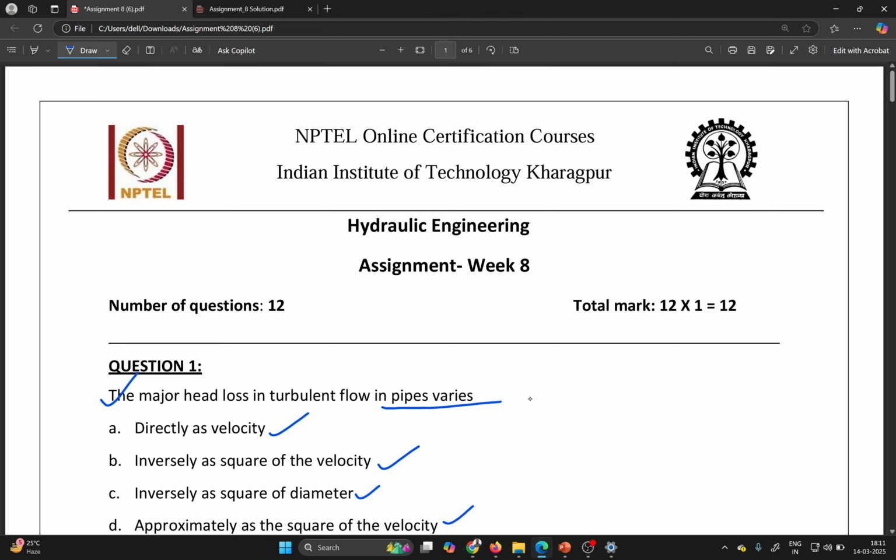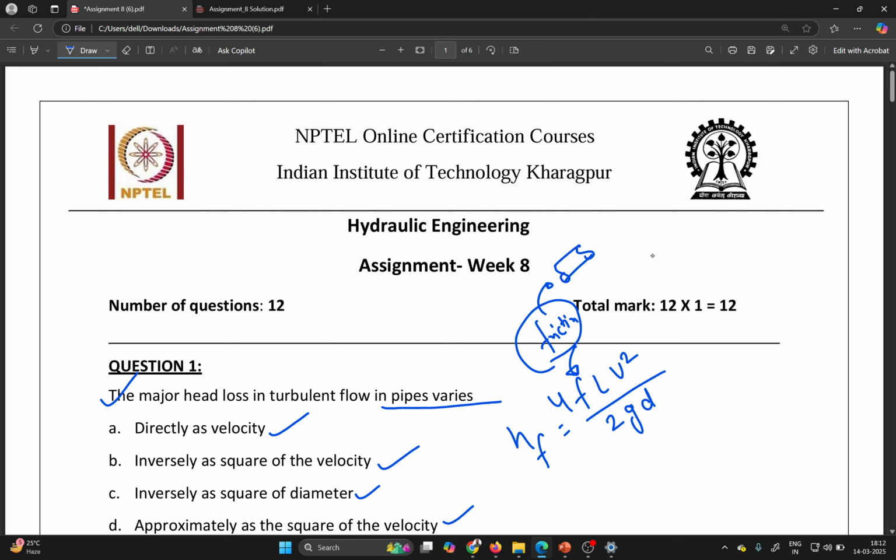Here the head loss formula is f L V square by 2 g D, or you can say 4 f L V square by 2 g D. This f is your friction factor. This f is related to the friction of your pipe or any duct. But here we are only interested in velocity, because the terms given are velocity and diameter.